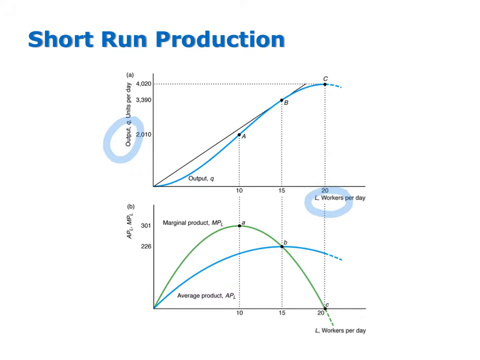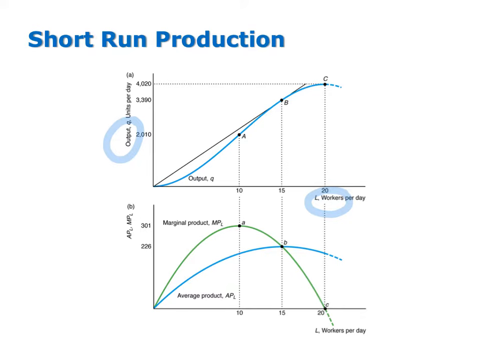That doesn't persist forever, though. According to this graph, once we get to 10 workers, from point A until point C, total product is still increasing, so marginal product, remember, is still positive, but total product is now increasing at a decreasing rate, which means marginal product is decreasing.